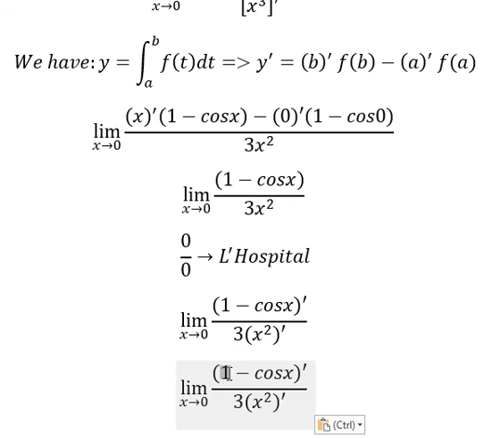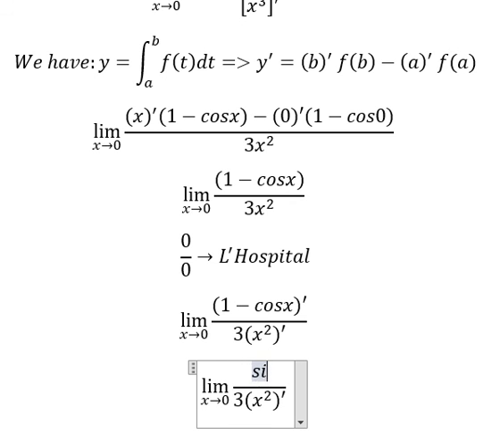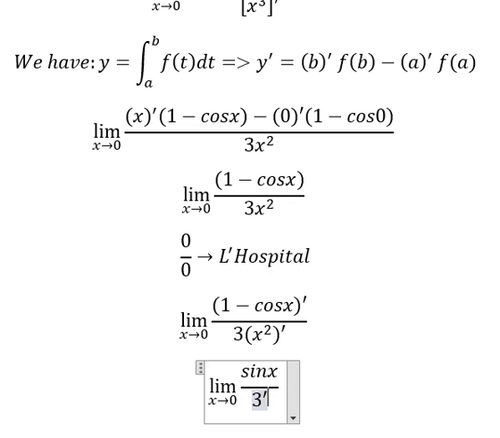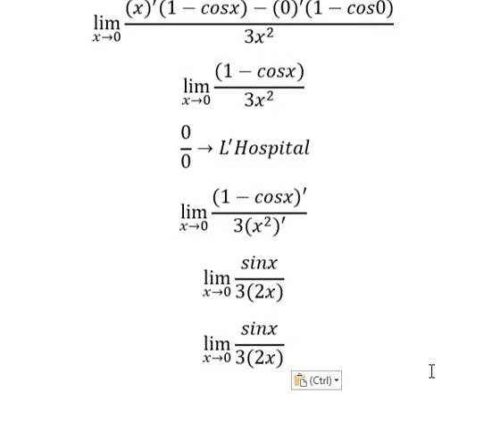So the first derivative of 1 is a constant. This one we have negative sine s, negative negative, we have positive. This one we have 2s. So 3 and 2 we have 6.